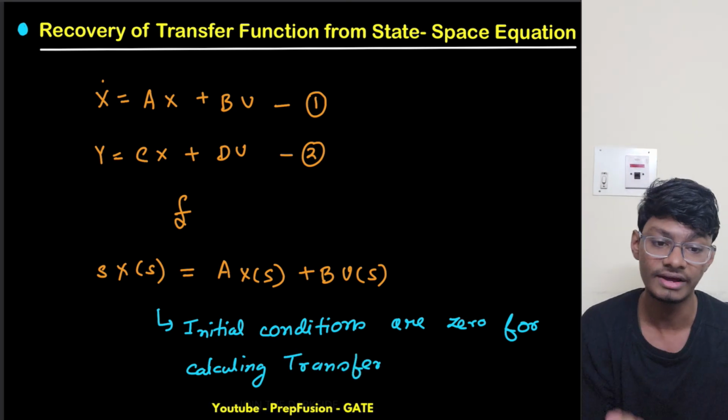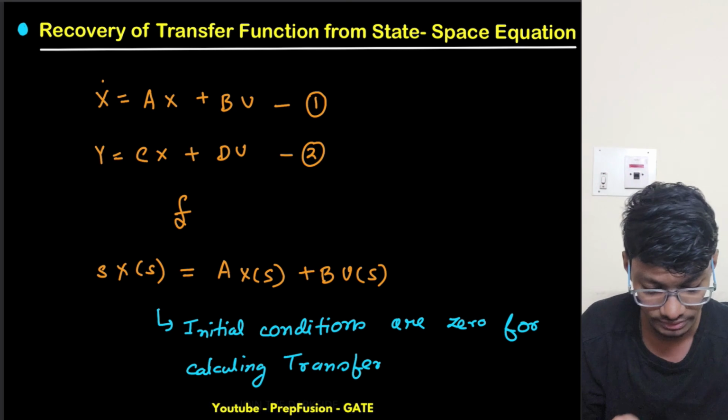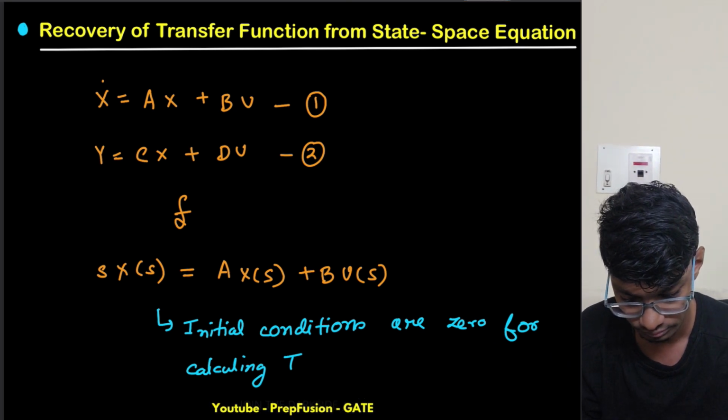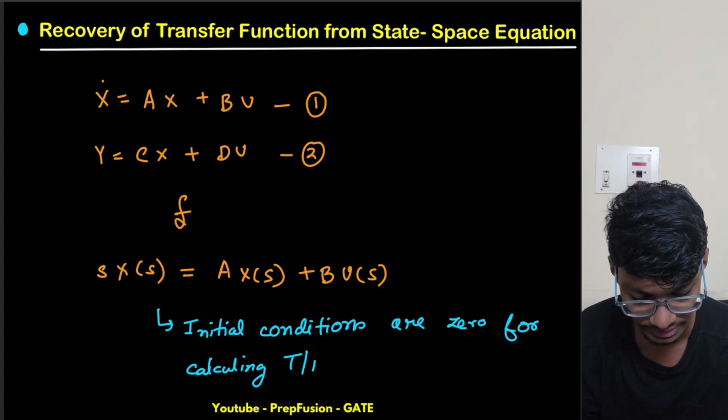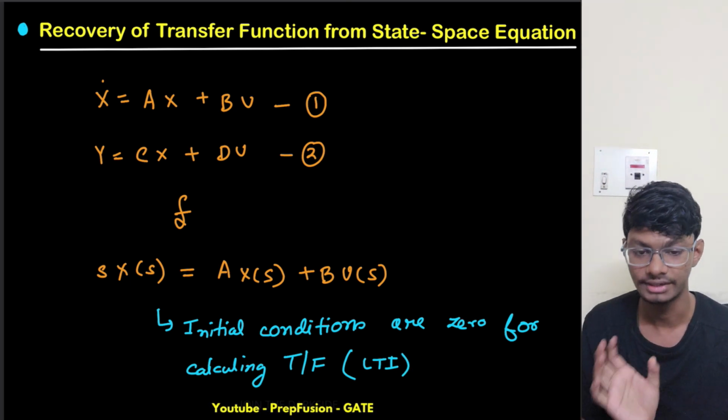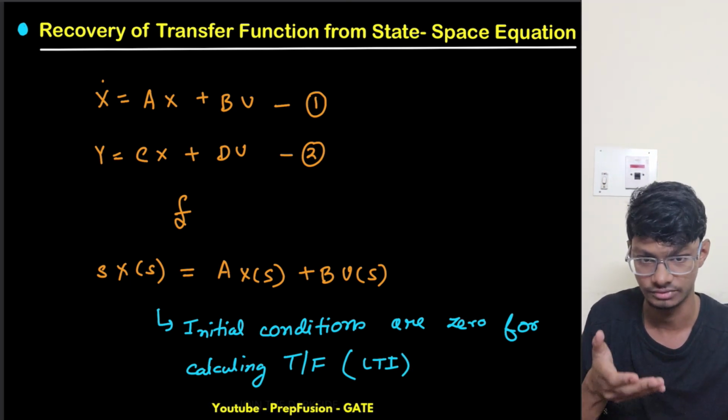The transfer function is only valid for an LTI system, so that's why for LTI, the initial value will be 0. For that reason, the derivation will come like this.